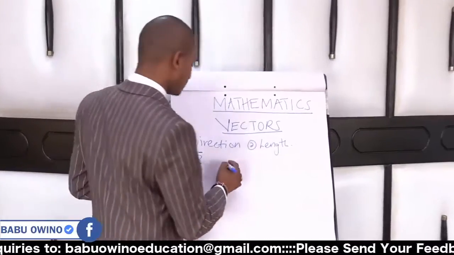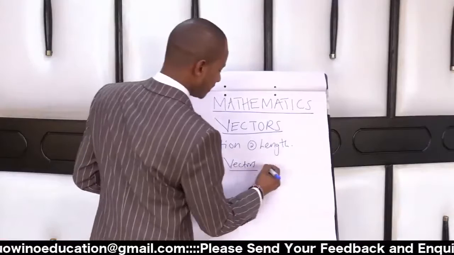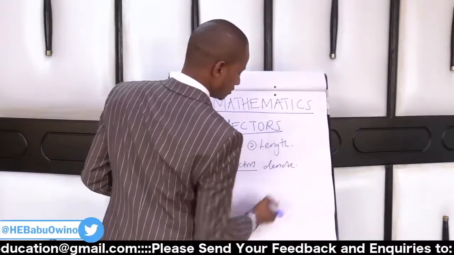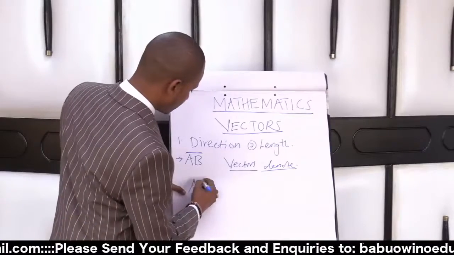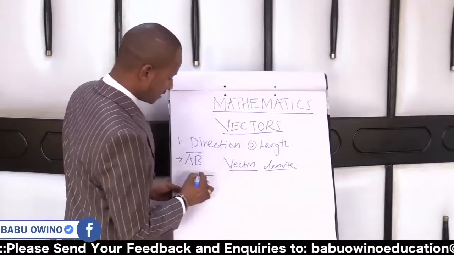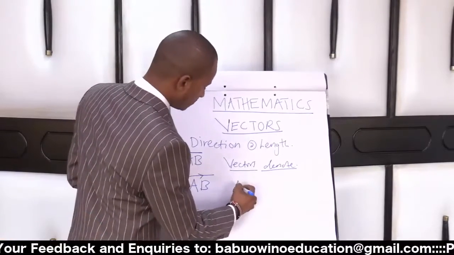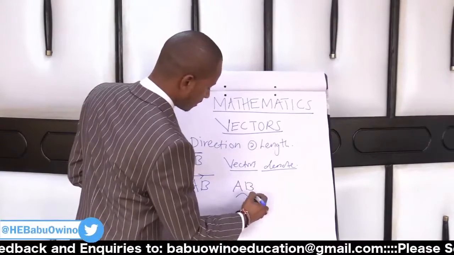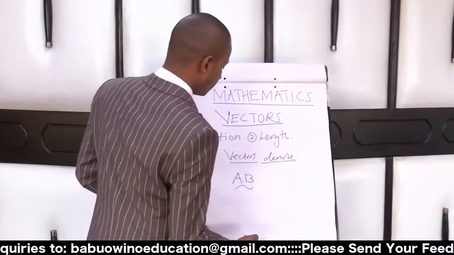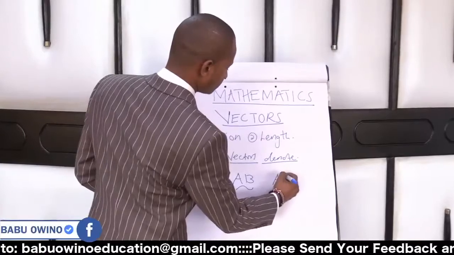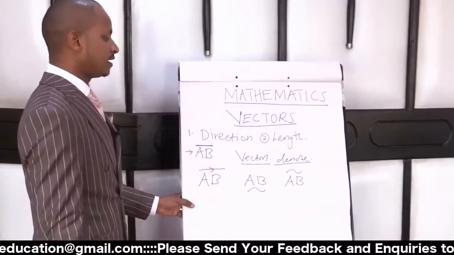While in vectors, we want to denote vectors. When you are denoting vectors, it can be denoted by AB with a line and an arrow, or AB with a wavy or curvy line below it, or AB with a wavy or curvy line at the top of it.